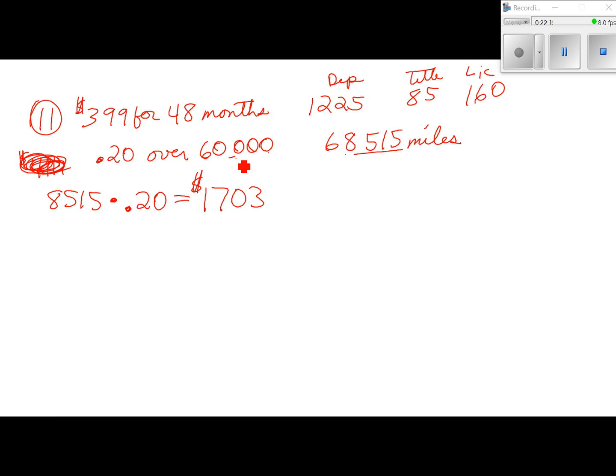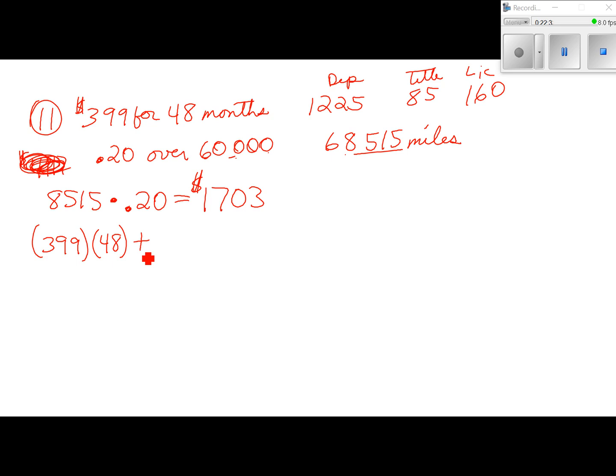They want the total cost, so we're going to take the $399 times the 48 plus, I'm going to let you finish this. I'll just write out the equation and then you can finish it and give the answer.